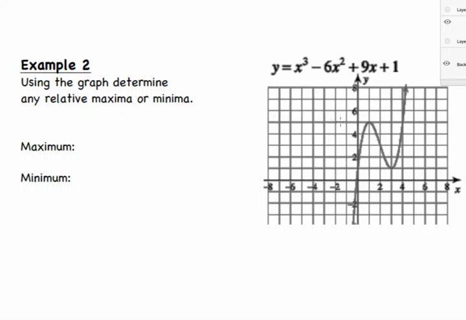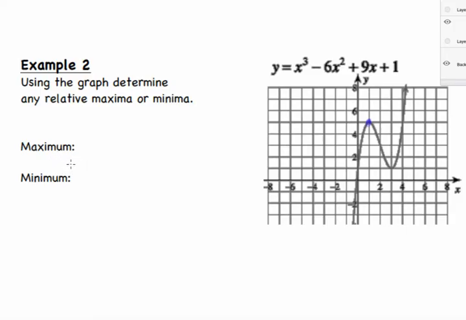So let's go ahead and start with our maximum. I can see that I have a point on my graph right here where it goes from increasing to decreasing and it forms a little hill, and that would be a maximum. And the ordered pair to get to that maximum is over 1 up 5, but when we write our maximum value, what we're writing down is the y value, the height of that maximum.